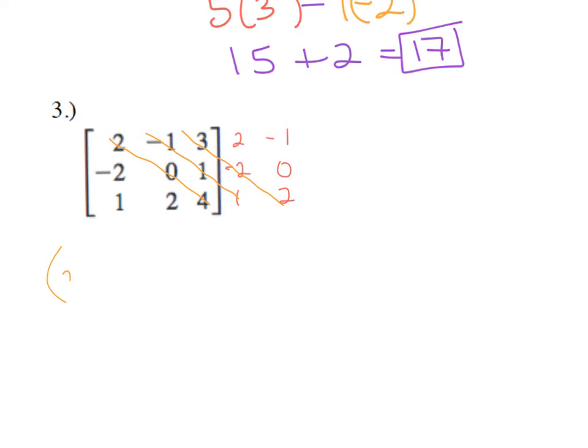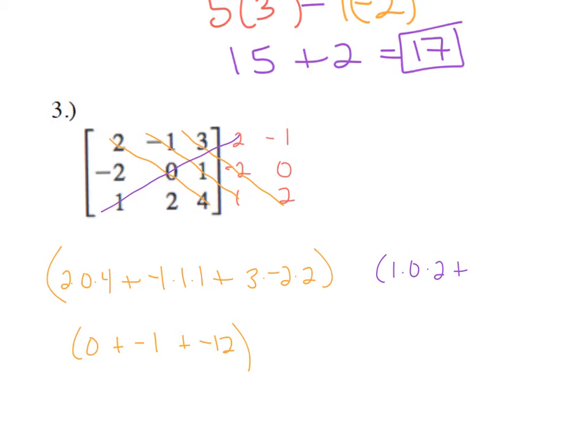So I'm going to multiply 2 times 0 times 4, and -1 times 1 times 1, and 3 times -2 times 2, and that will give me 0 plus -1 plus, let's see, -12. And then I end up having to subtract, and I want to do my other ones. So we have 1 times 0 times 2. Oops, missed the 3 there.